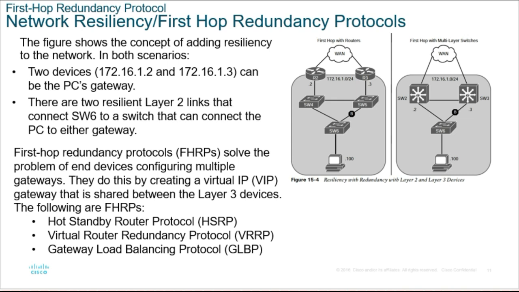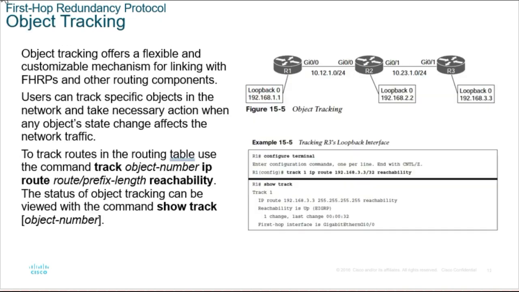There are three protocols in the family of FHRPs, namely Hot Standby Router Protocol or HSRP, Virtual Router Redundancy Protocol or VRRP, and Gateway Load Balancing Protocol or GLBP.